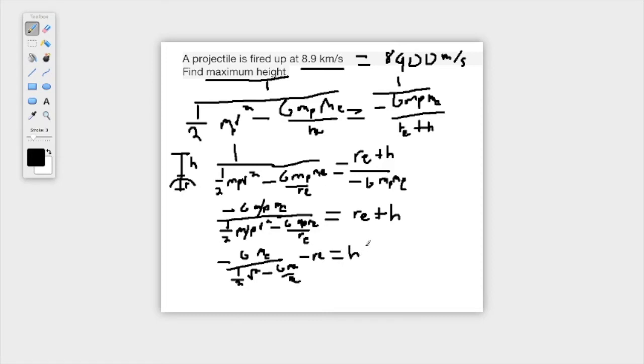And then that would be roughly equal to around 10,963,464 meters.